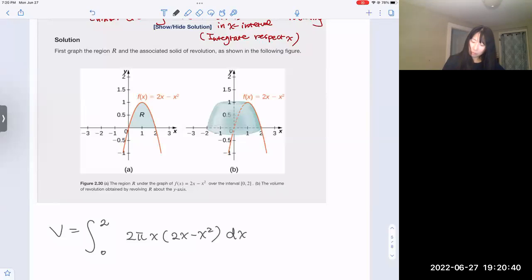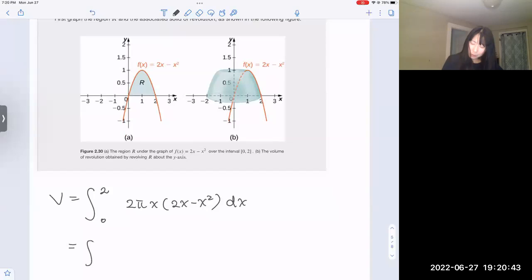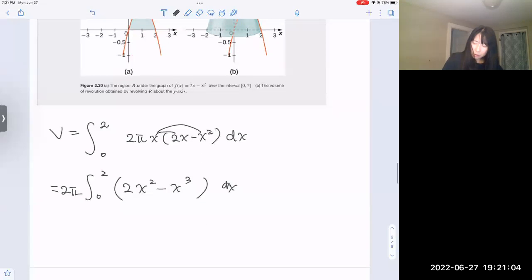Now we distribute the 2 pi out there. Distributing, we get 2x squared minus x to the third power dx. So let's do this one: 2 pi, integrate with respect to x. What do you get?